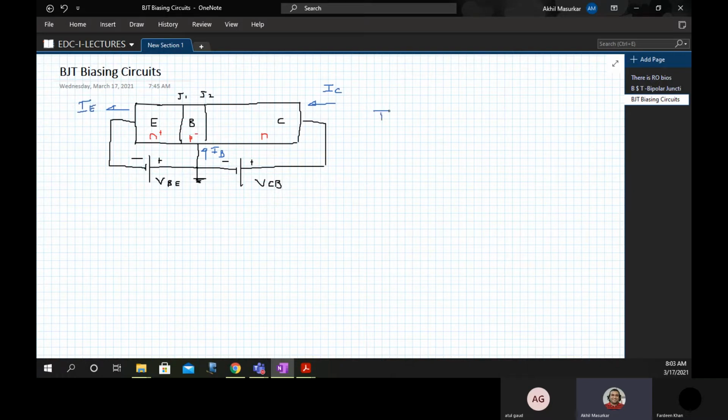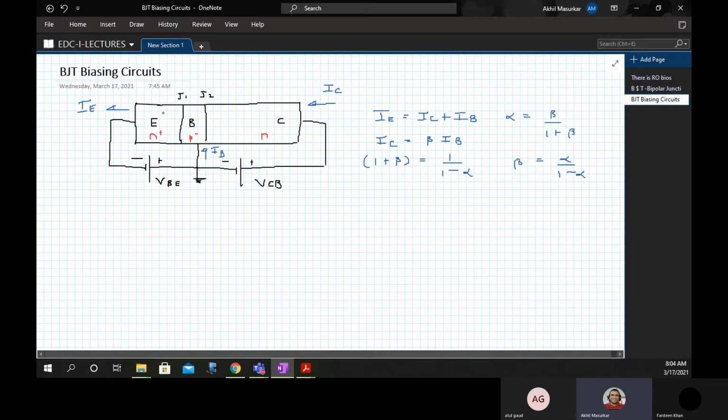Just to reiterate, IE is equal to IC plus IB and IC is equal to beta times IB. For the relationship between alpha and beta, 1 plus beta is equal to 1 upon 1 minus alpha. Or we can also write alpha is equal to beta upon 1 plus beta, or beta is equal to alpha upon 1 minus alpha. Some formulas that we saw last time.